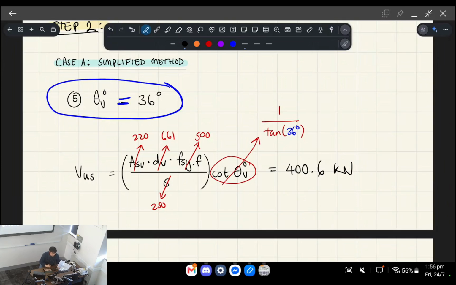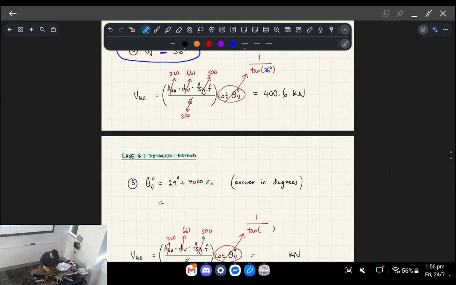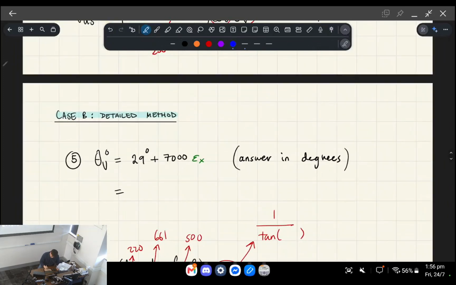Okay, so the only difference for the detail method is it's just going to require one extra step. Instead of assuming that the inclination angle is 36 degrees, we plug in epsilon x. All right, so epsilon x we calculated earlier was this. And you get an answer which is in degrees when you do this, okay?